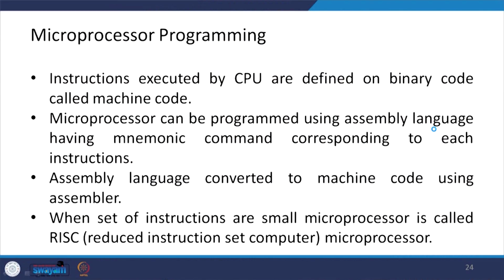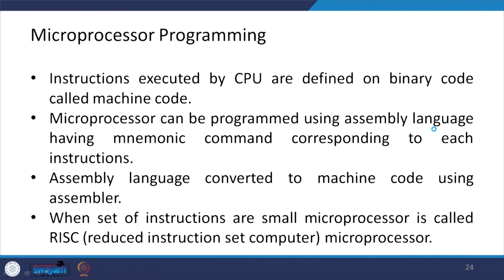Now, let us look at the programming of the microprocessor. Instructions executed by the CPU are defined in binary code called machine code. A microprocessor can be programmed using assembly language, having a mnemonic command corresponding to each instruction.